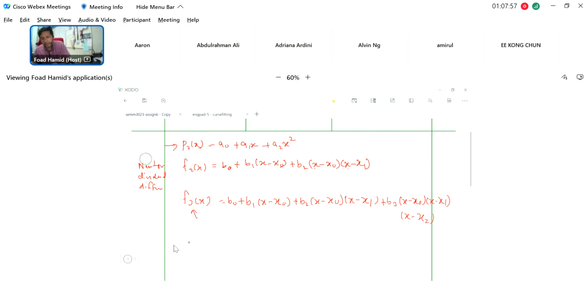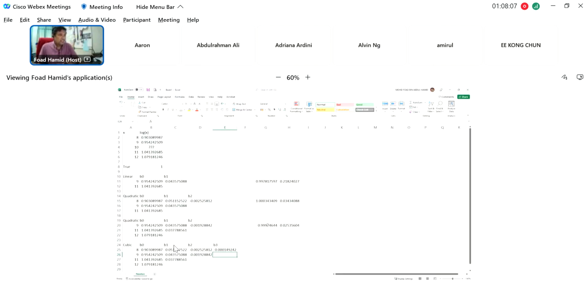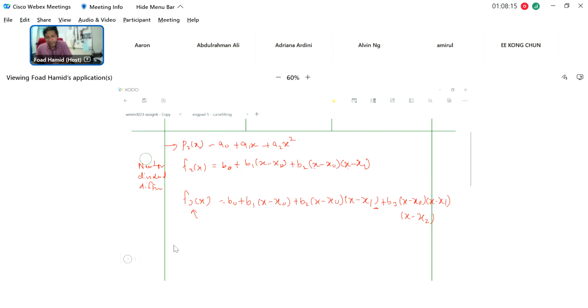Note that this is x times x times x. That's what makes it a cubic polynomial. So this is up to this point, right? So we need to add this thing here. So let me just copy this.